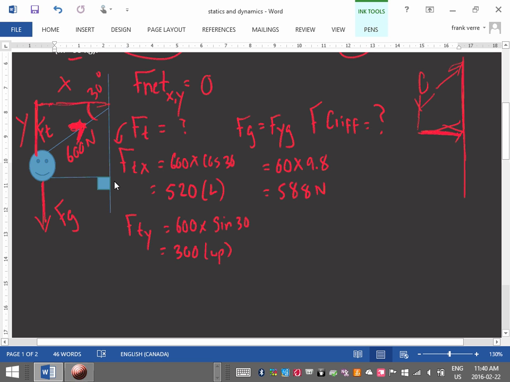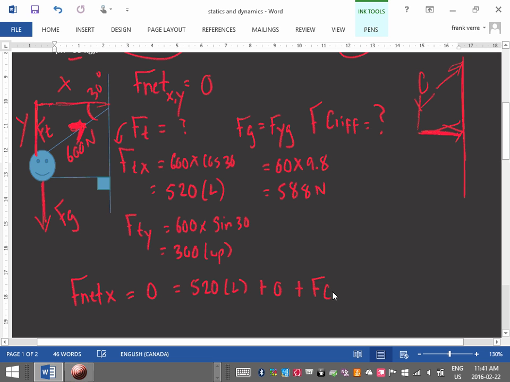Okay, now this is where we start looking at the net force. We know the net force has to be 0. So let's look at the x component first. The net force along the x has to be 0, which means we have 520 to the left. The weight has no bearing on the left-right, so the weight is 0 going left to right. We could just leave it out.